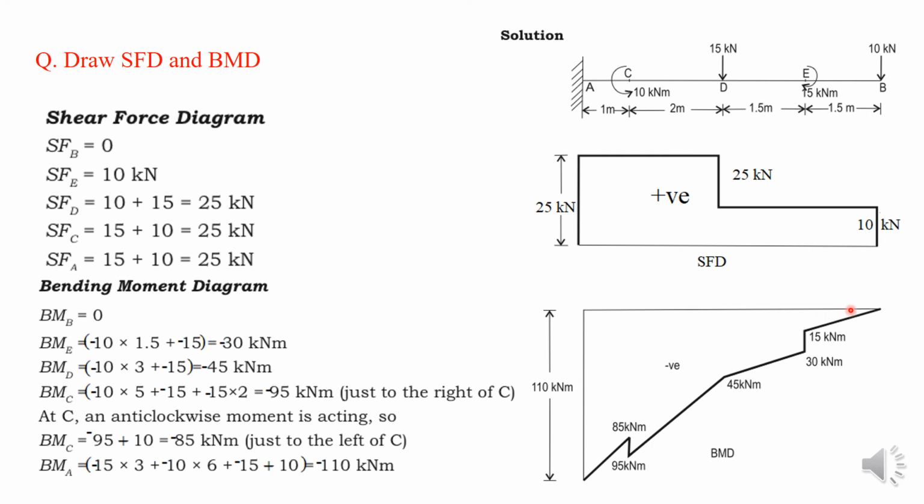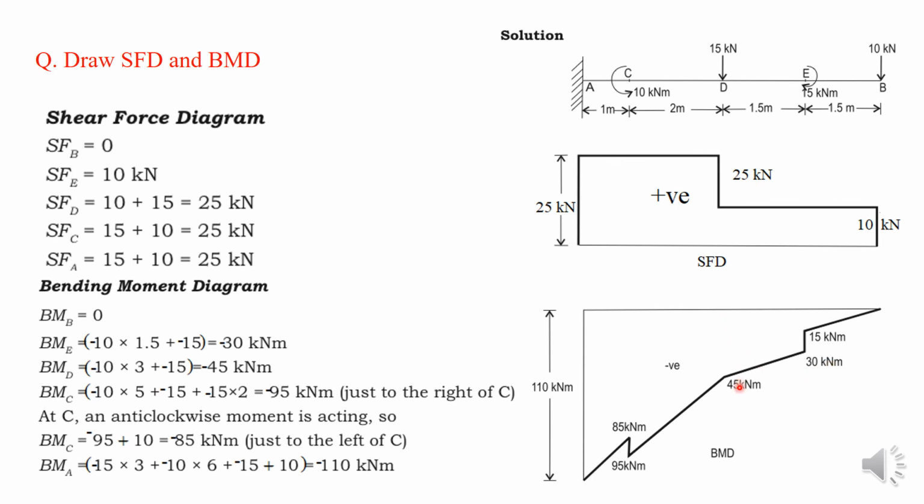The variation of bending moment from B to E follows an inclined line, from 0 to 15 kilonewton meter, and at E only you have to consider that clockwise 15 kilonewton meter. So the total bending moment at E will be 30 kilonewton meter.